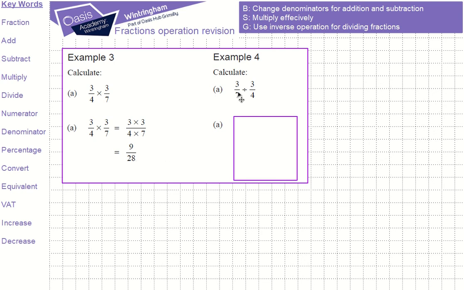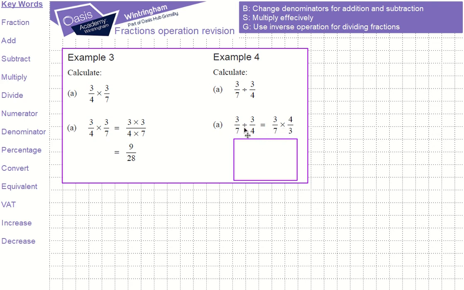Next example, 3/7 divided by 3/4. And this is where we're looking at this goal objective, using inverse operation for dividing fractions. So our question was 3/7 divided by 3/4, and to make this a little bit easier, instead of using a divide, we use the inverse of divide, or the opposite, which is multiply.